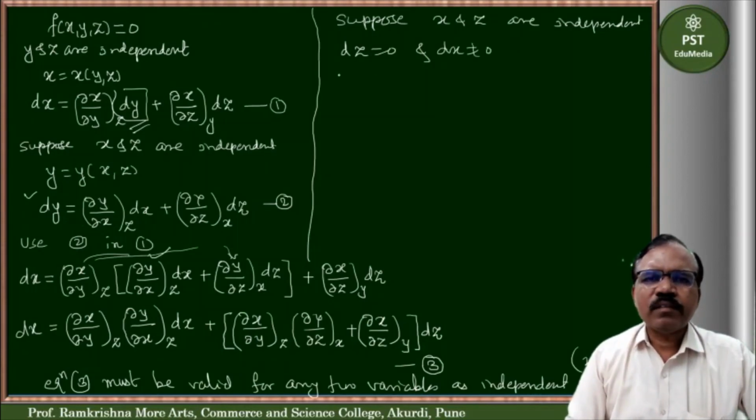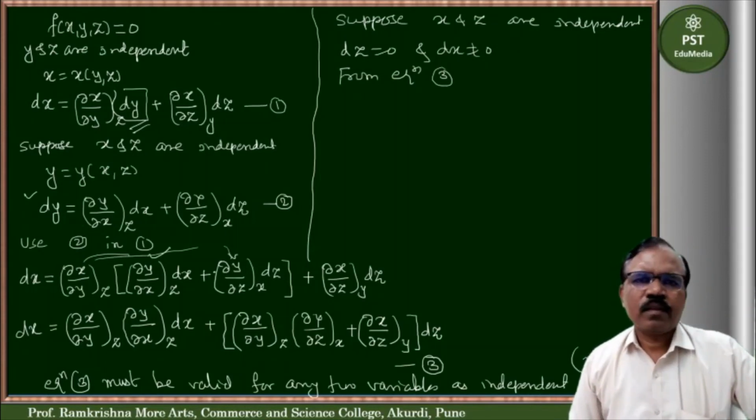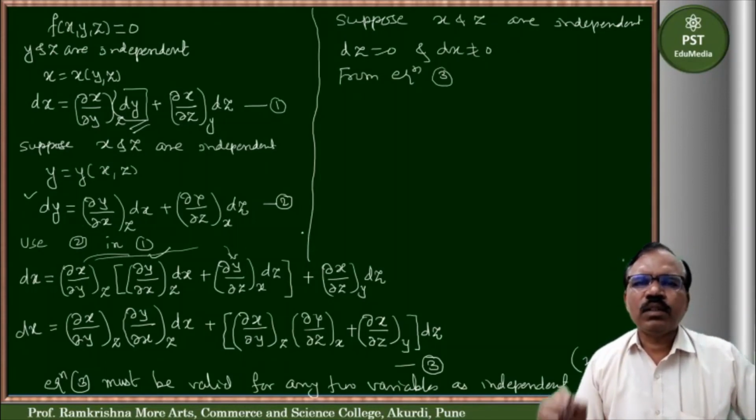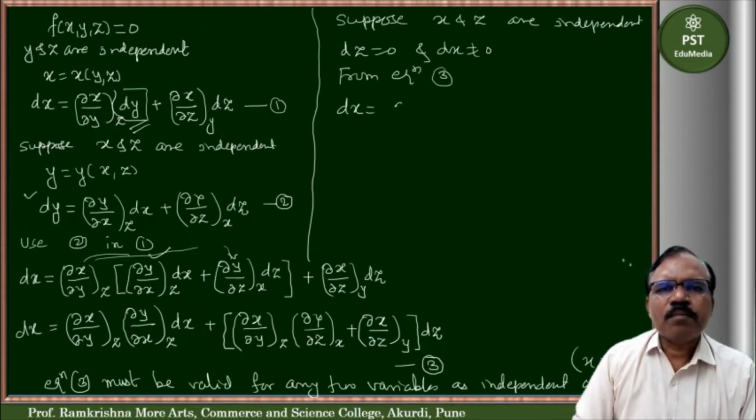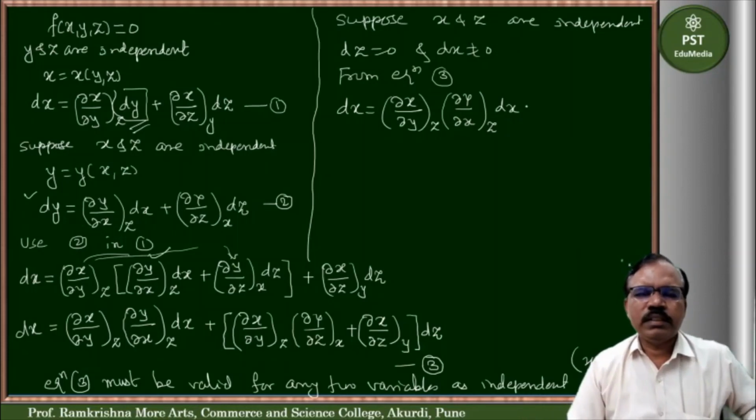Then from equation 3, we will get dx is equal to partial x by partial y at constant z into partial y by partial x at constant z into dx plus 0, because dz is 0.